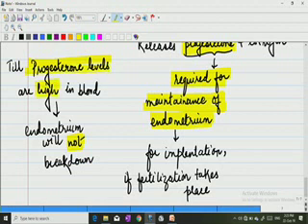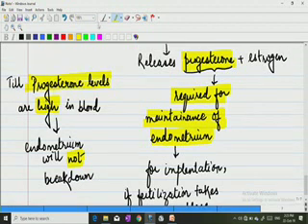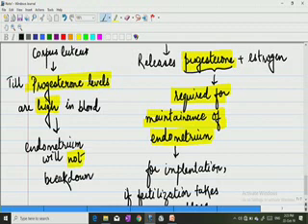Till the point the progesterone level is high in blood, the endometrium is not going to break down. And from where is the progesterone released? Progesterone is released from the corpus luteum.